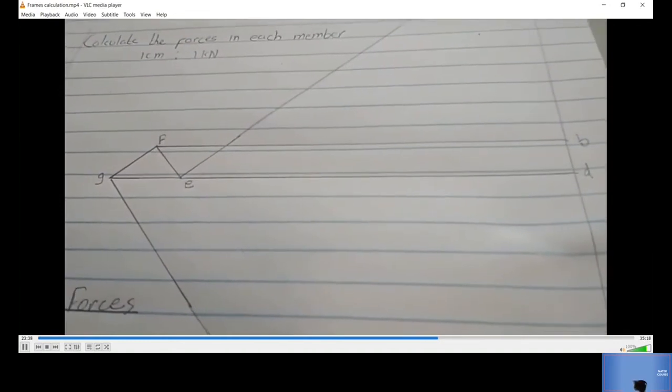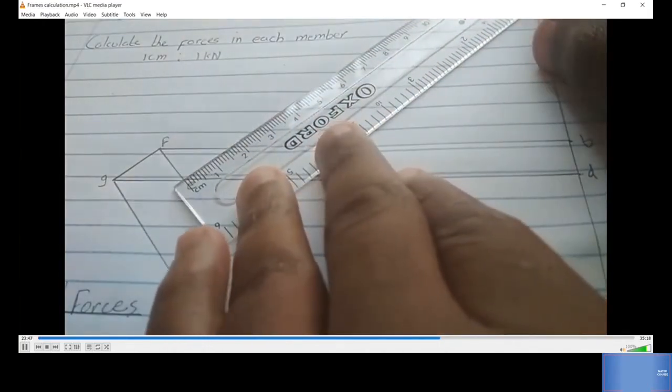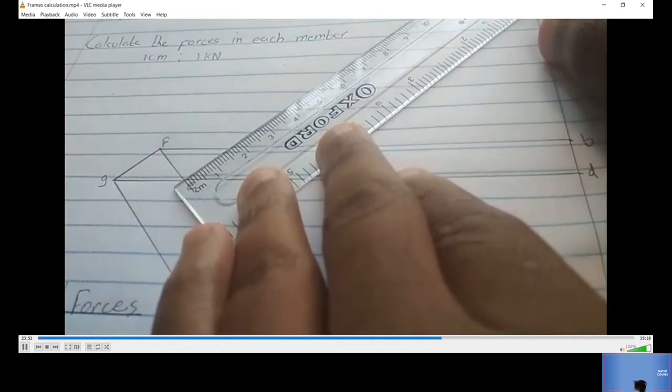So we need to measure how long that is going to be. Measuring that, we simply put our ruler there, measure that distance, and it gives me about 15 or 16. Let's say 16.